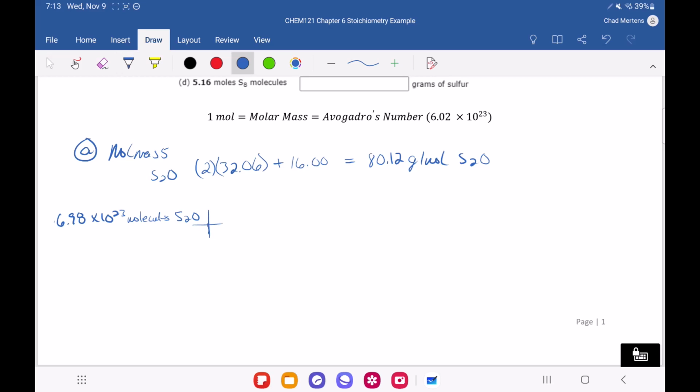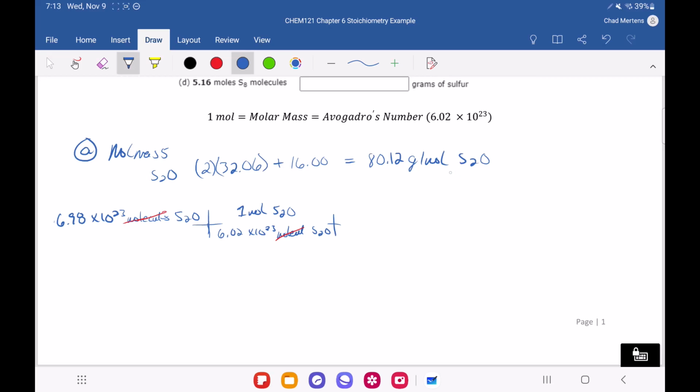And we know that we would use Avogadro's number, so we would use 6.02 times 10 to the 23rd molecules of S2O is 1 mole of S2O. And so we know that our molecules will cancel. Then we want to take it from moles to moles of sulfur. So we know that the ratio is 1 to 2.